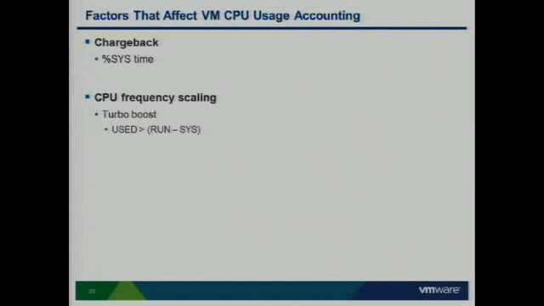I mentioned that the CPU frequency can step down from 2.4 gigahertz to 800 megahertz, but it can also step up in some cases, and that's called turbo boost. That functionality exists in Intel and AMD processors and on all the latest Intel processors. So when turbo boost kicks in, your used can be greater than run minus sys. So it's something to keep in mind.